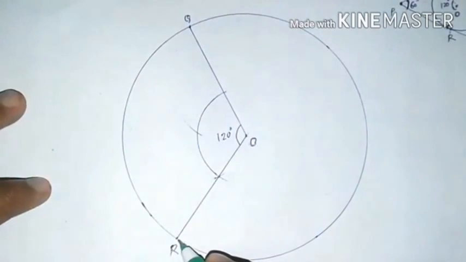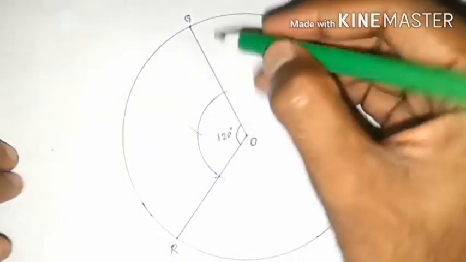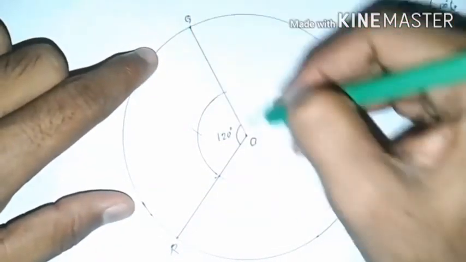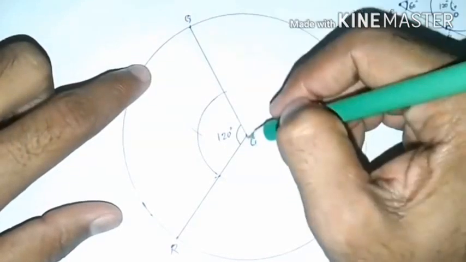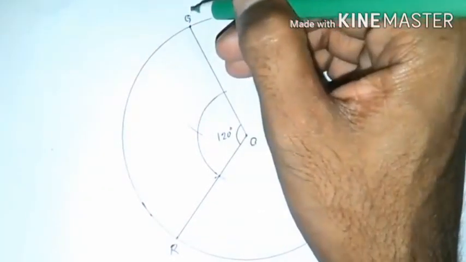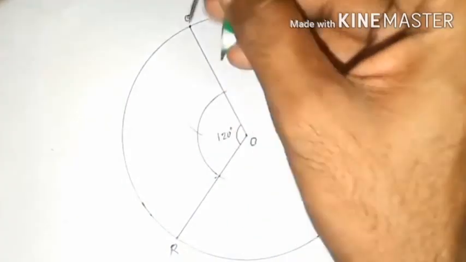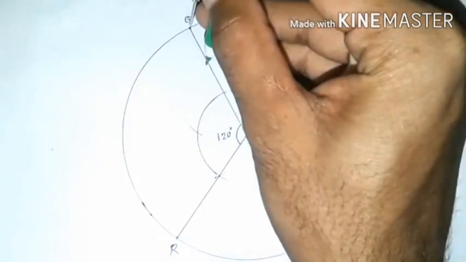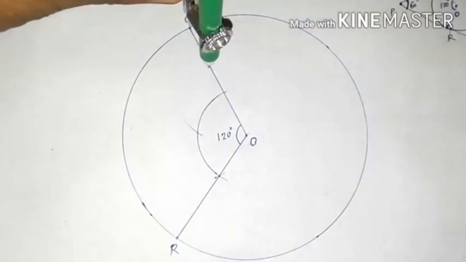Now at Q and R we have to draw the perpendicular, because the angle between the radius and the tangent is 90 degrees. OQ is the radius and from Q we are going to draw the tangent. So at Q we have to draw a perpendicular, means 90 degrees.